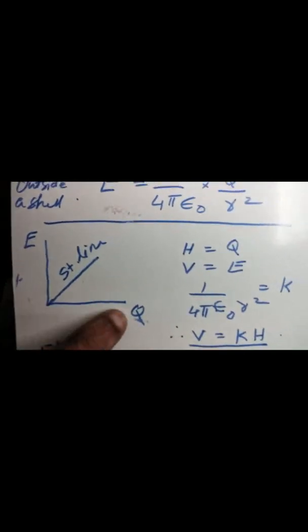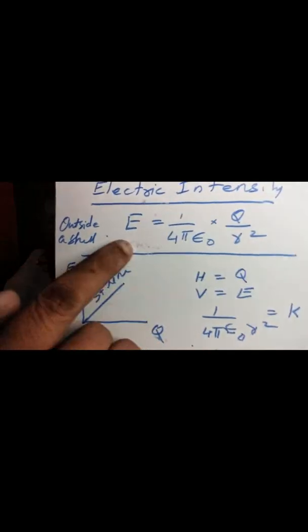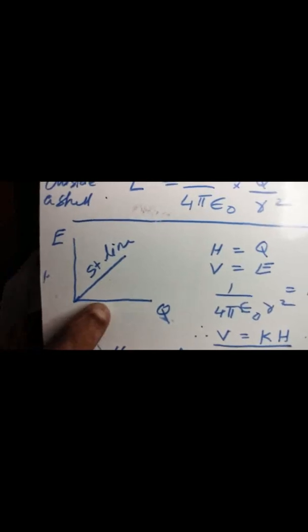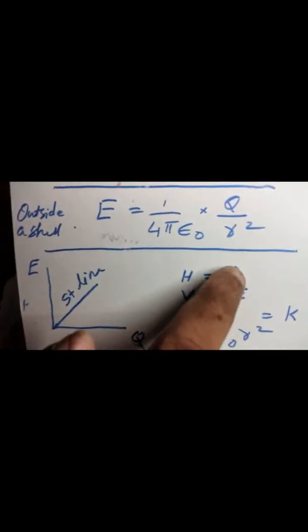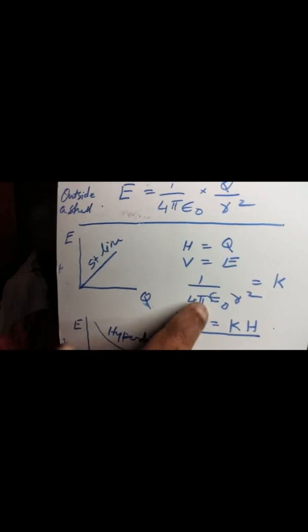So here, the quantity on the horizontal axis is the charge. Quantity on the vertical axis is the intensity. Here the basic equation is this. So here H is Q, V is E. R is a constant, 4 pi epsilon 0 is also a constant.